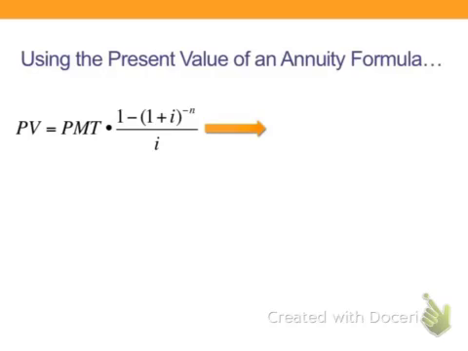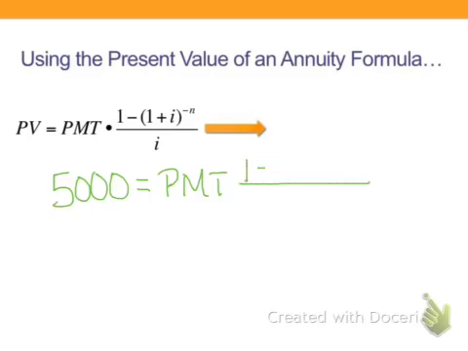So we're going to use the present value of an annuity formula, and the $5,000 will go in for the present value. The payment is what we need to find.